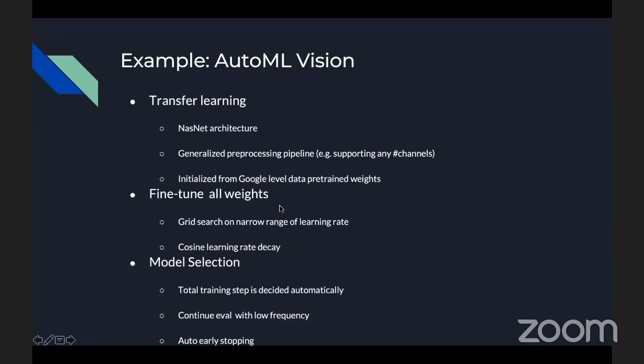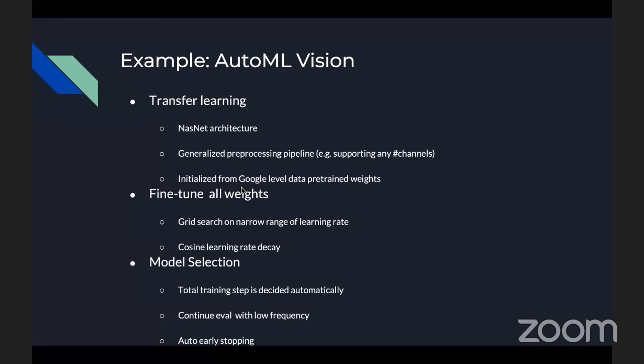And later we also try to leverage the Google-level data for the pre-trained weights, and then we fine-tune all the weights on the new task. We only search a very narrow range of the learning rate to make the hyperparameter tuning adapt to the new task, and we use cosine learning rate decay to reduce the number of hyperparameters.